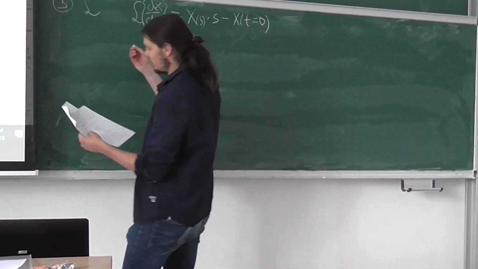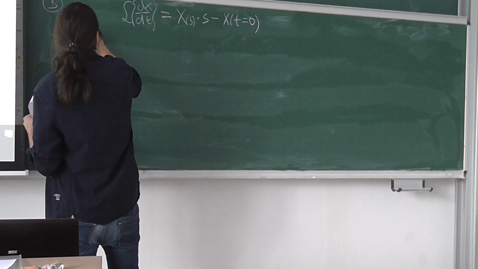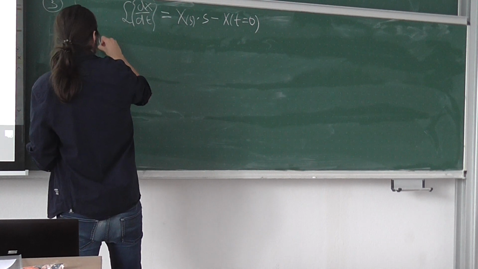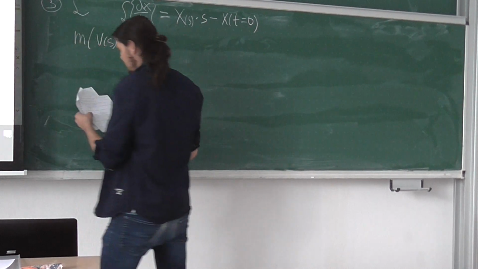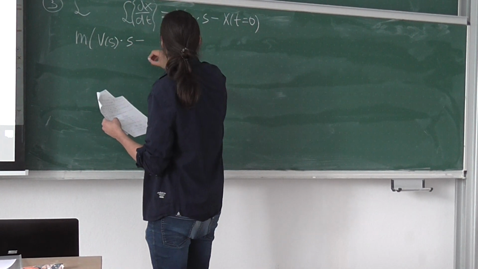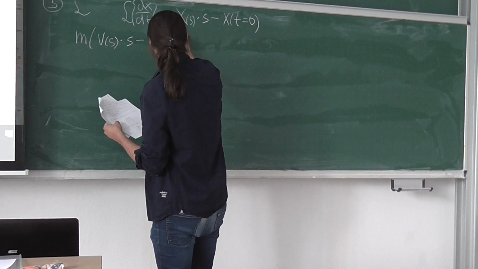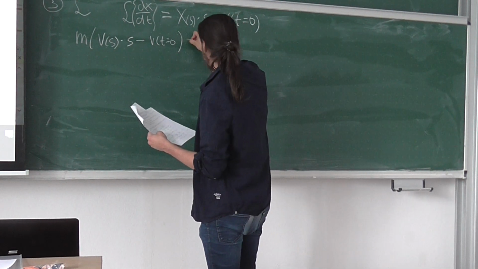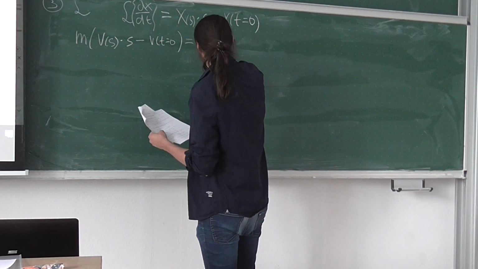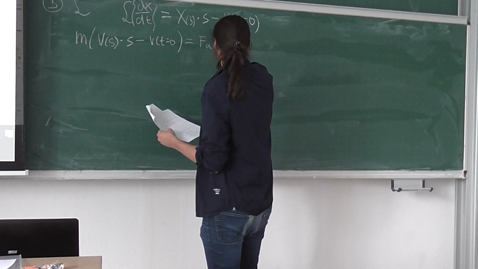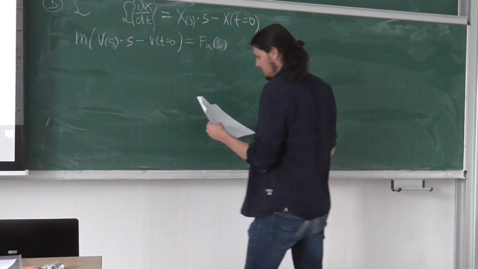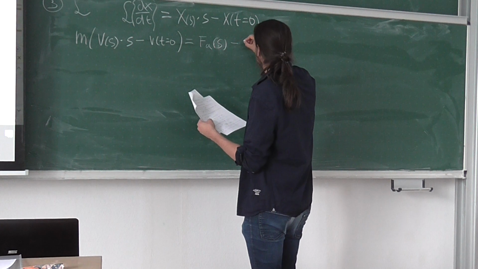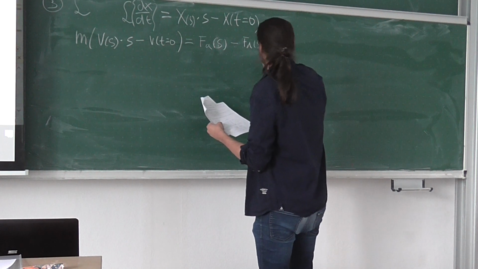Which means our differential equation now becomes m times V(s) times s minus v at time 0. That's the first portion. And again, it's F_a(s), I'm sorry, it's s, minus F_d(s).